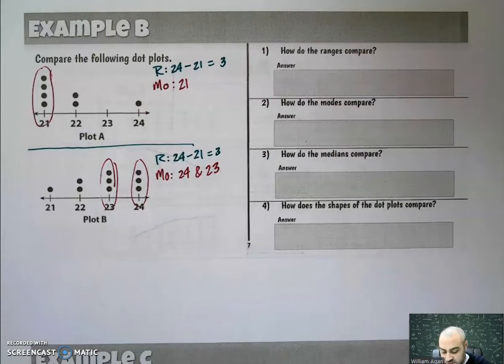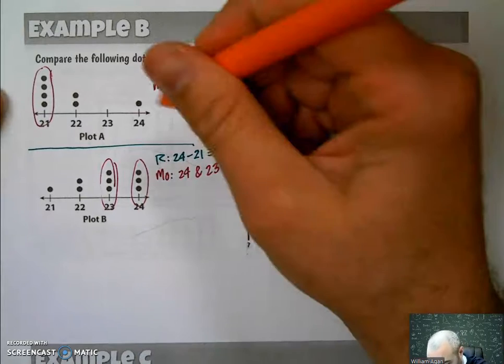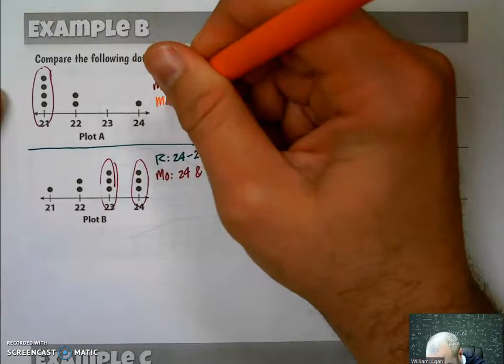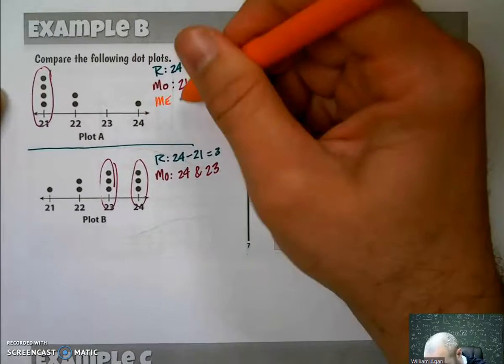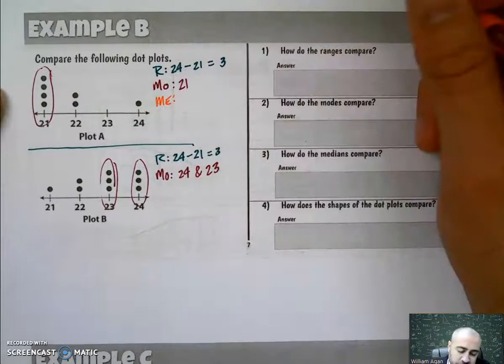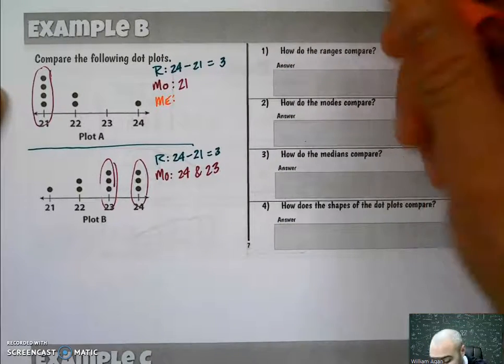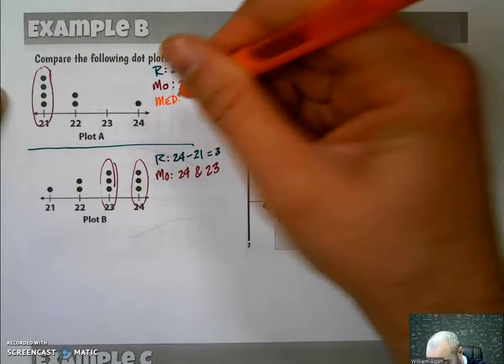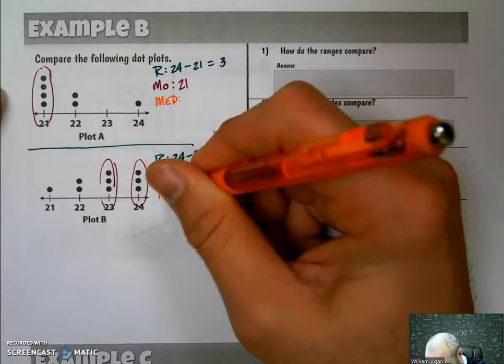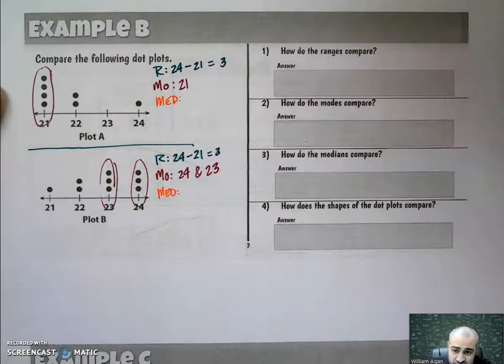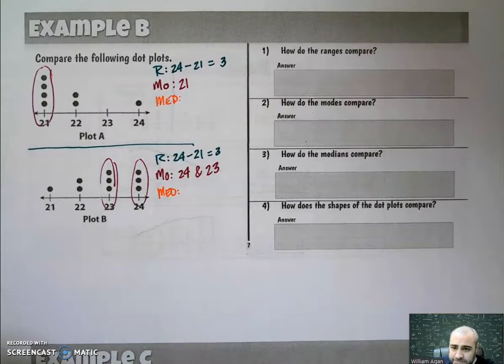All right, and last, let's do the median. I'm going to put MED for median. And median is the middle. But it's the middle of all the dots.